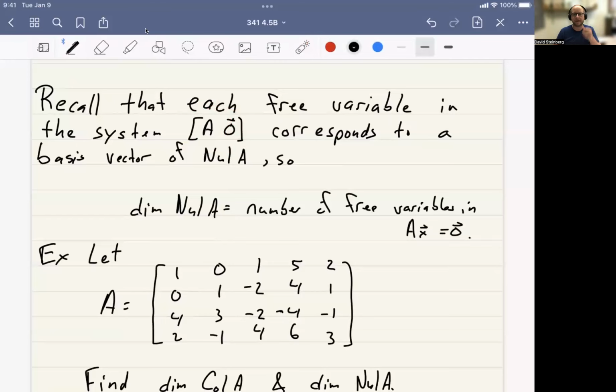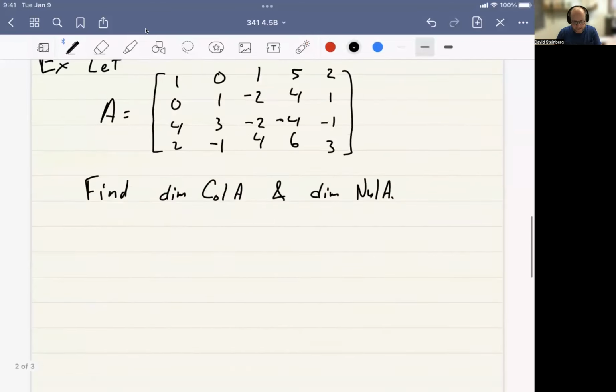Okay, so let's look at an example to make this more concrete. If A is this 4x5 matrix, we want to find the dimension of the column space and the dimension of the null space of A. First we'll row reduce, and since we've done this so many times before, I'll let you practice on your own, and you can check your answer.